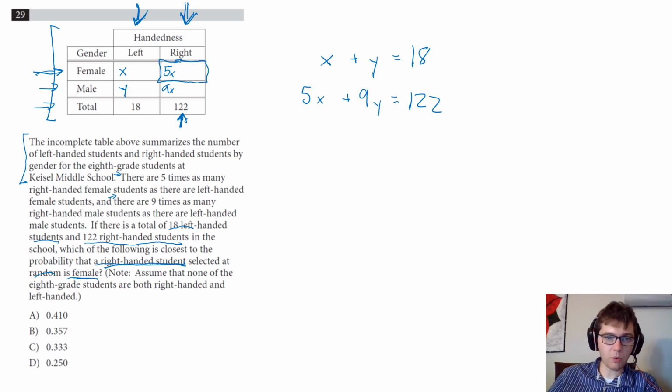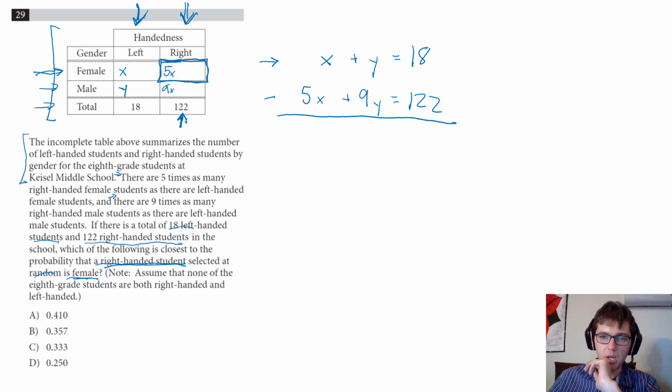Remember, in the end, what we're trying to calculate is this 5X to give us our input for our probability. So we're looking to calculate that 5X. Let's start by solving the system of equations for X or Y. You'll have to solve for both of them, so solve for either one. To make this easier, let's multiply every term of this top equation by 5, so that this becomes easier to solve, basically subtracting one equation from another.